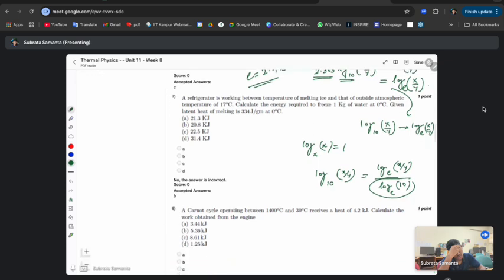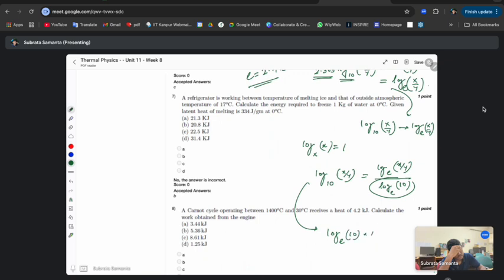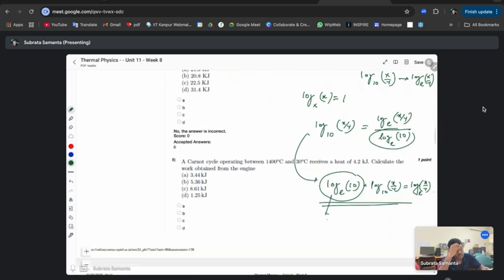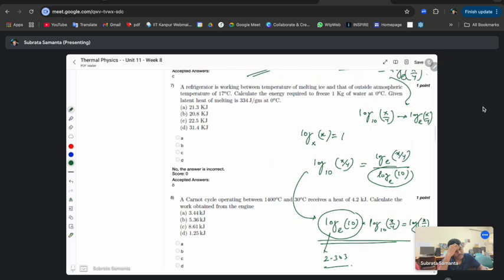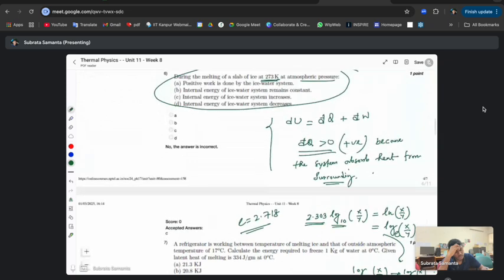So that implies that 2.303 times log 10 of x over y equals log e of x over y. So this means that this is correct.